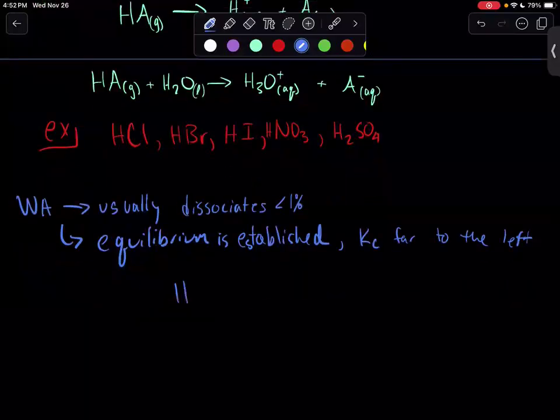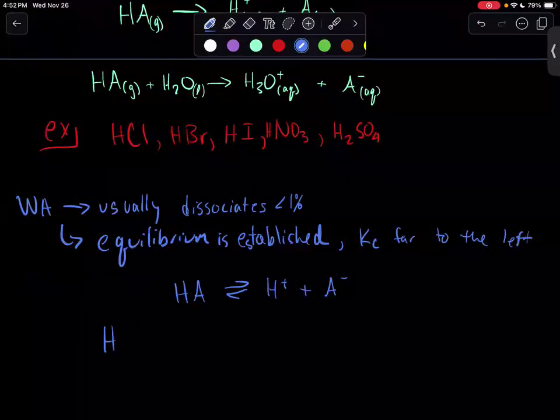So for example, our weak acid, now being HA, would dissociate into, let's start with hydrogen, H plus plus A minus, or with solution, so HA, and in this case, we'll use a liquid.